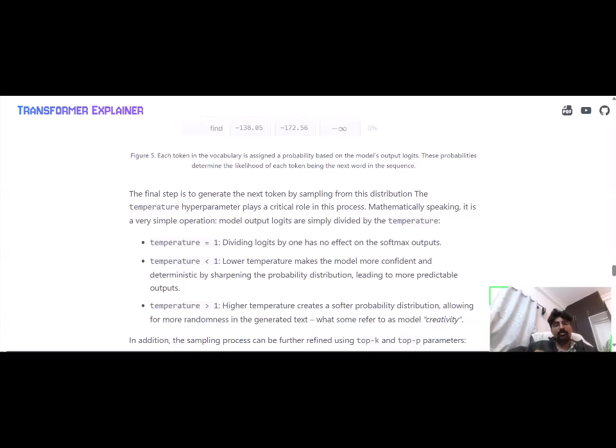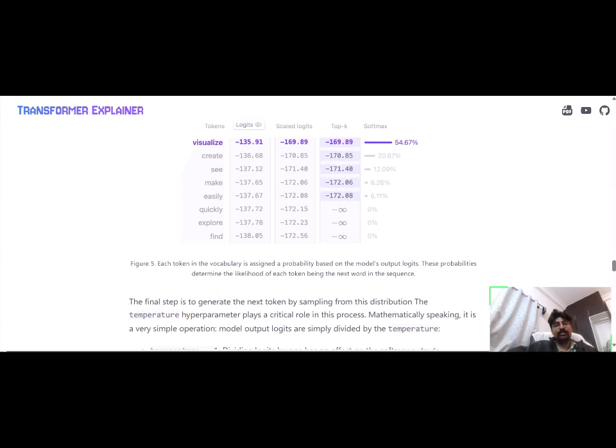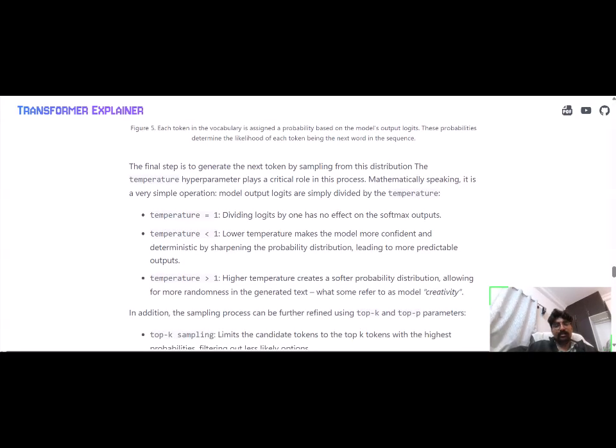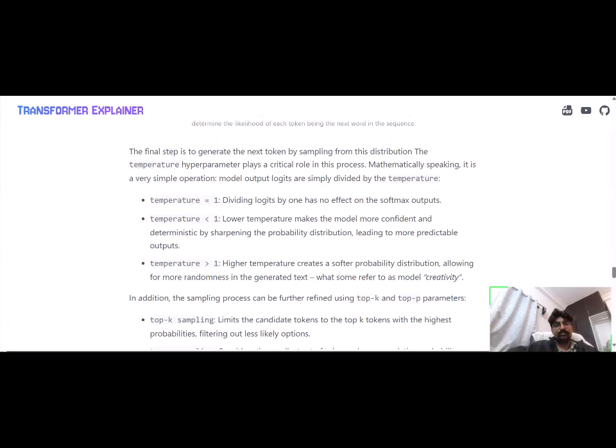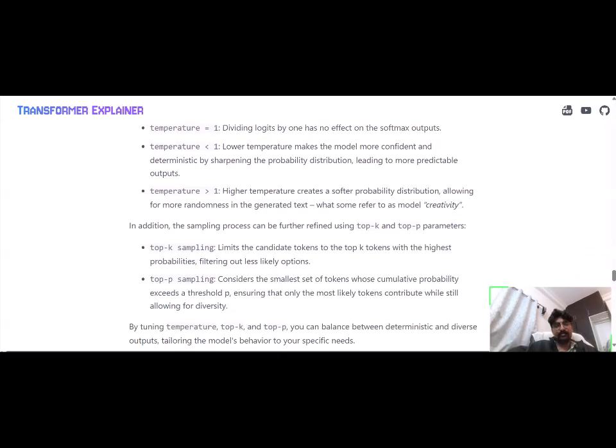It sharpens the probability distribution, leading to more predictable output. If it is more than 1, it flattens the probability distribution. That means it is more creative, and we are adding more randomness.